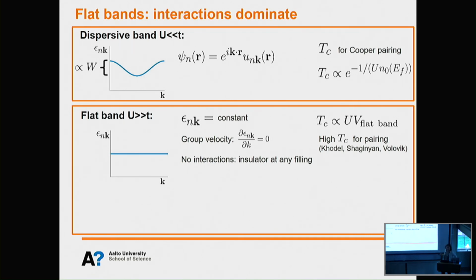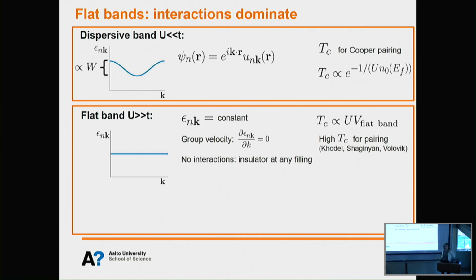But I have been interested in pairing, and already the BCS theory gives a dramatic difference from a dispersive band. This is the formula that you learn at school, and now if you do a BCS prediction for Tc in a flat band, it actually becomes linearly dependent on the interaction times the volume of the flat band. So it's hugely different.